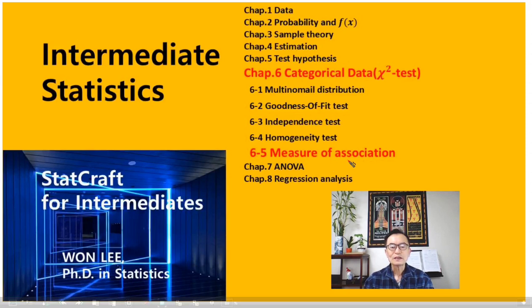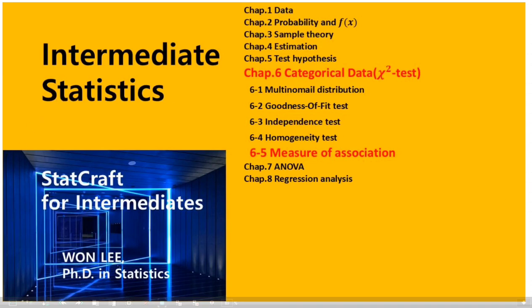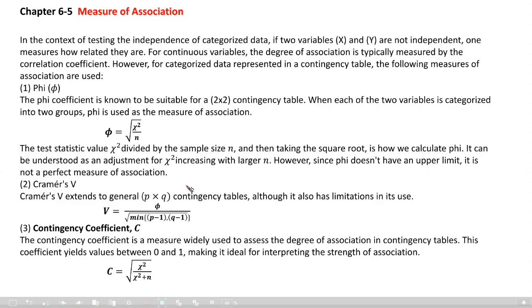Measurable association is the relation between two categorized variables A and B, especially after an independence test. Okay, let's see. What is measurable association? In the context of testing independence of categorized data, if two variables x and y are not independent, one measures how related they are.